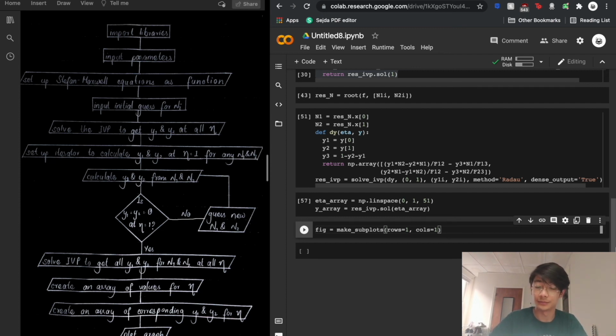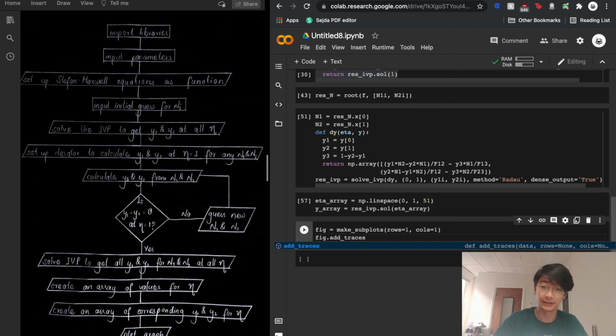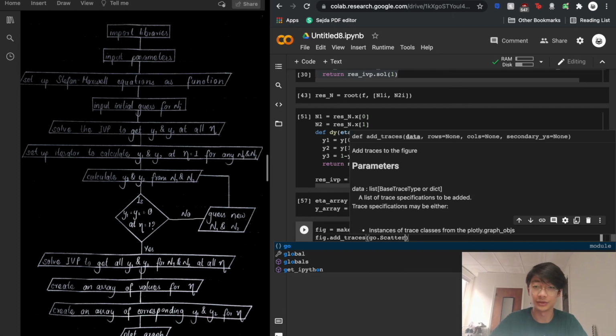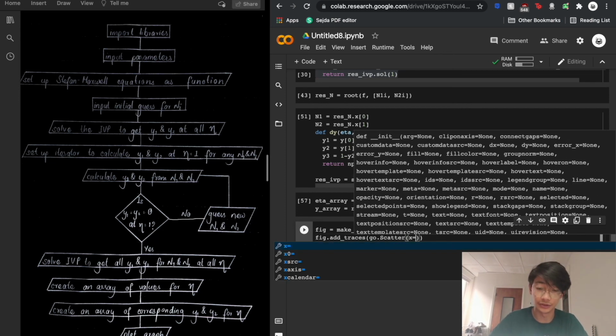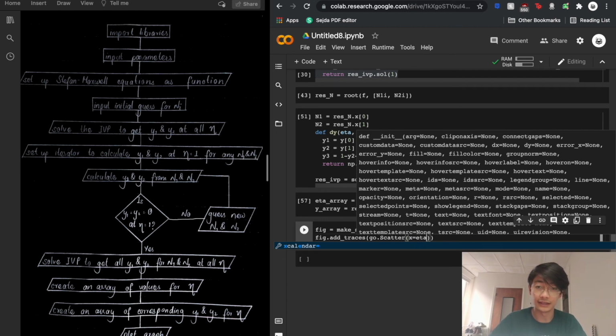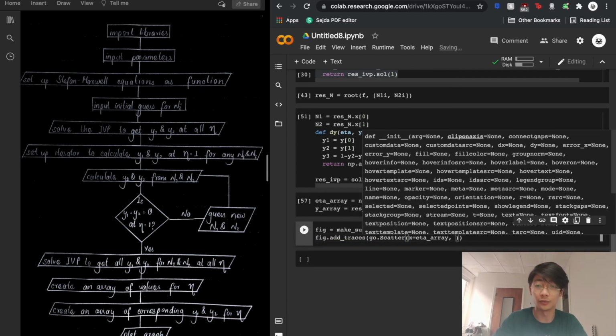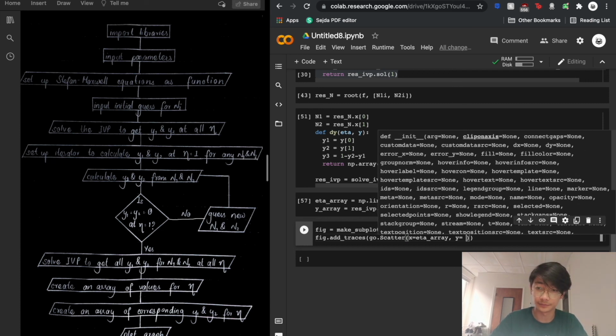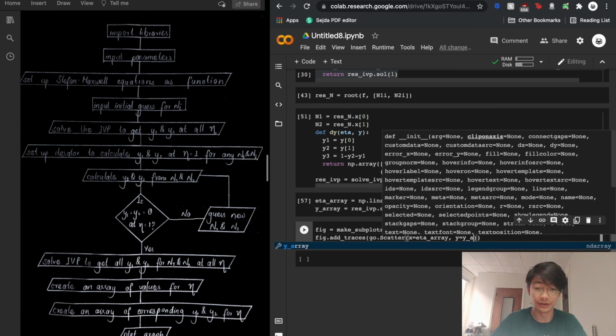Now we need to provide all the things that we're going to plot. So what we're going to do is fig.add_traces brackets go.scatter, so that we can actually do a scatter plot, brackets, and our x is going to be equal to eta_array, and our y is going to be equal to y_array.